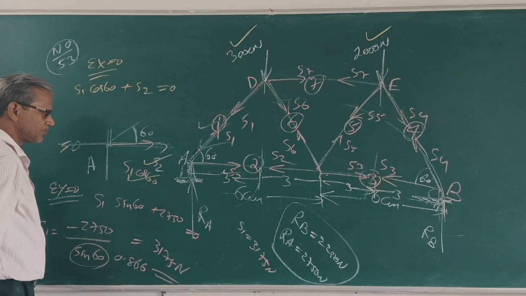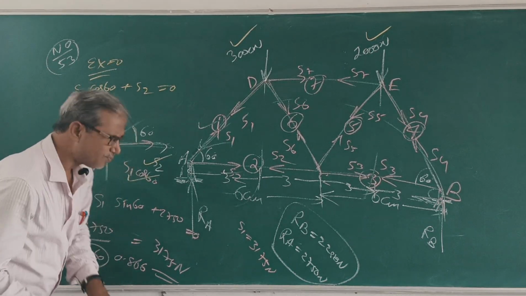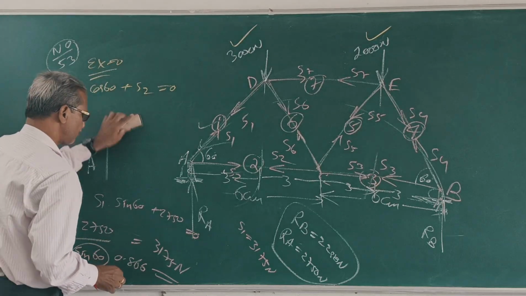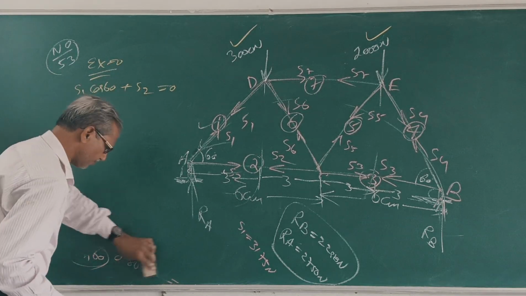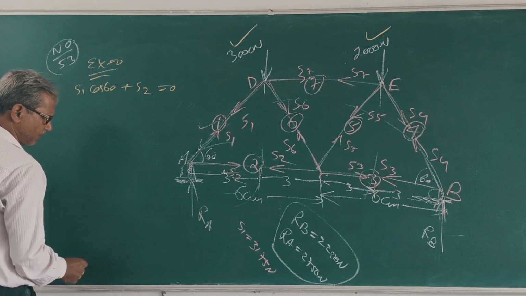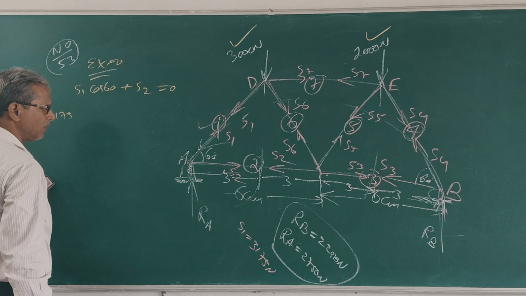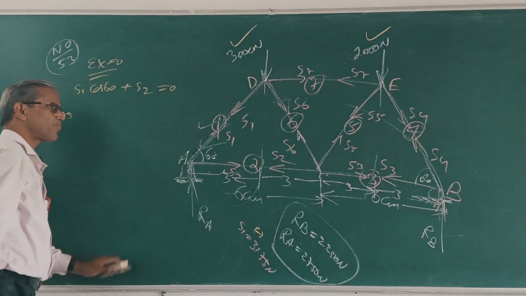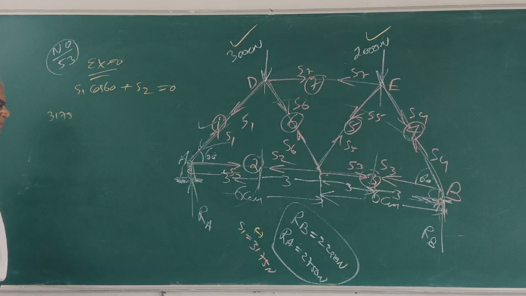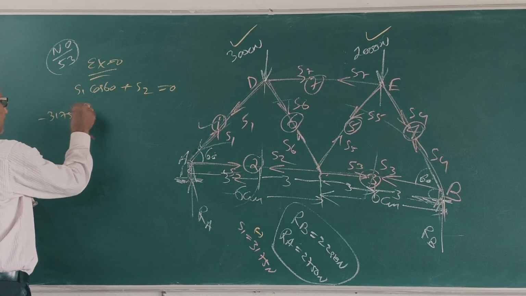What is S1? 3175, minus 3175. Clear? Minus 3175 into cos 60, half, plus S2 is 0.